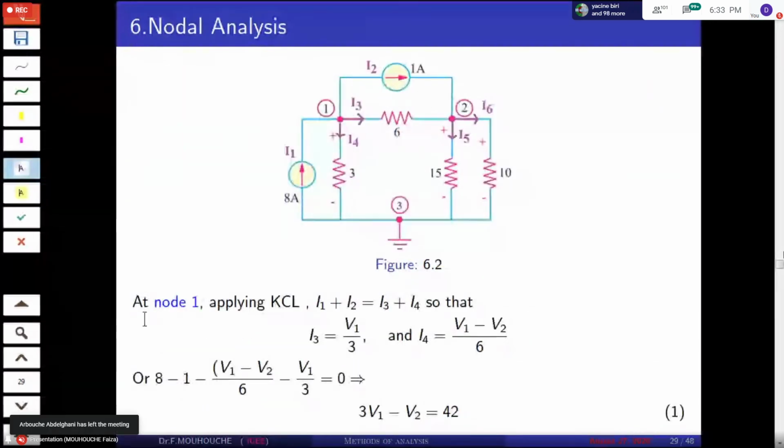Here at node 1, we select this one, node 1.